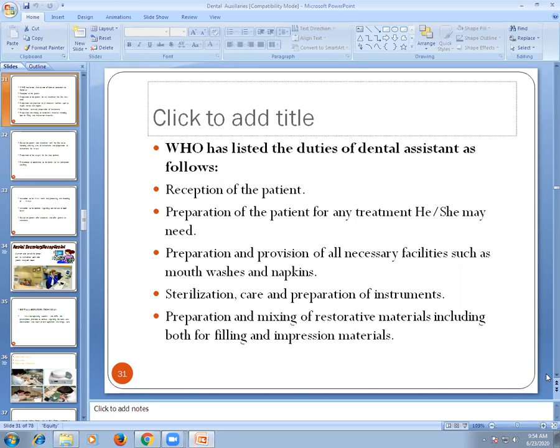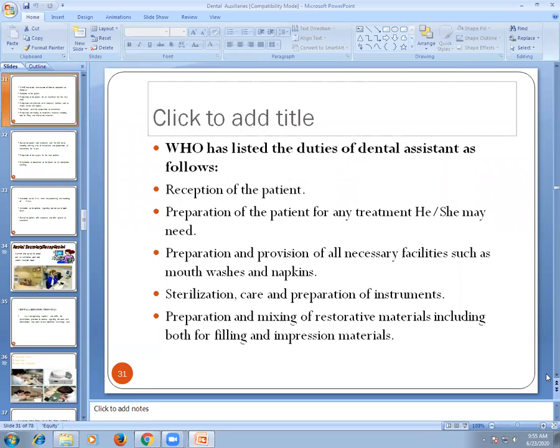Next is the preparation of the patient for any treatment he or she may need. Next is the preparation and provision of all necessary facilities such as mouthwashes and napkins.